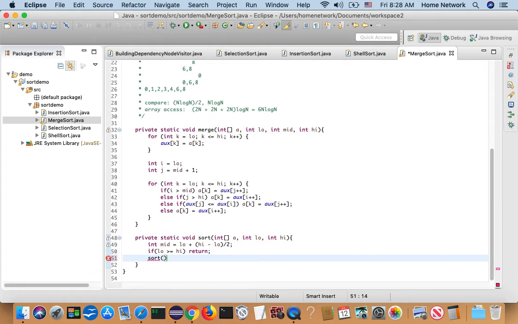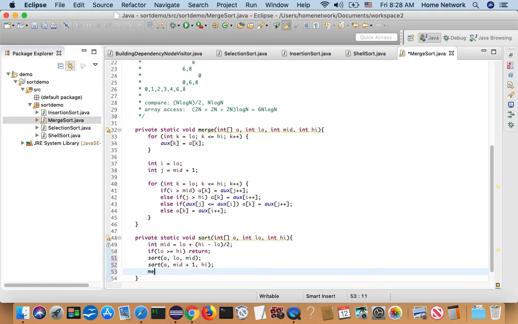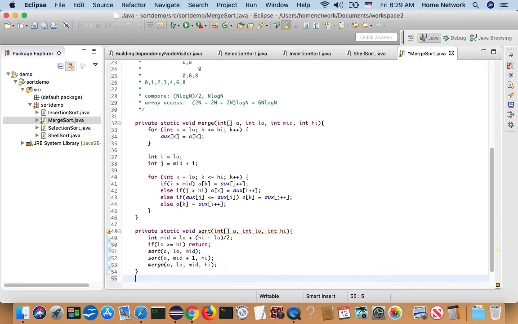Otherwise, we recursively call itself to sort the left half, then we sort the right half. Then we merge. And we're done with sort.